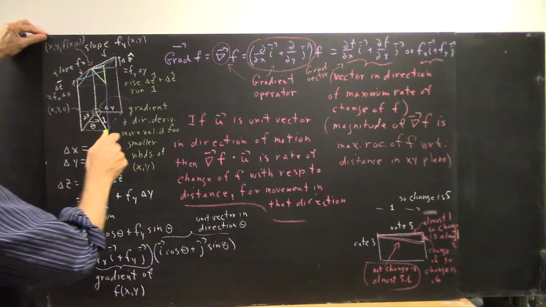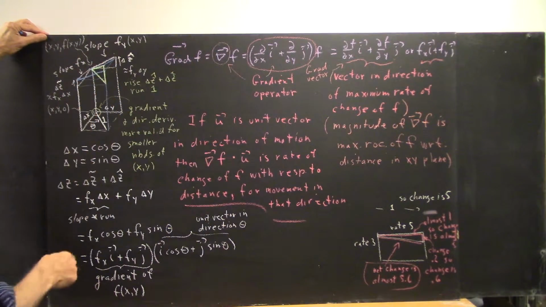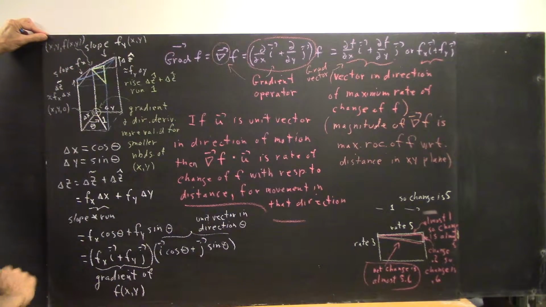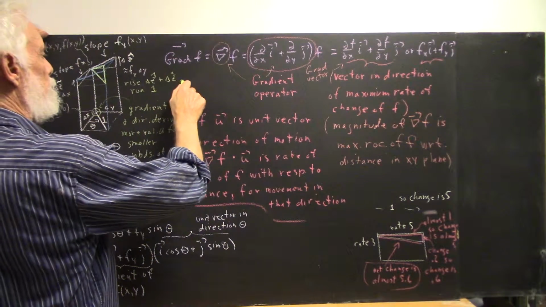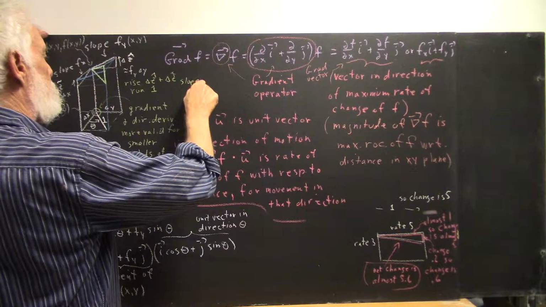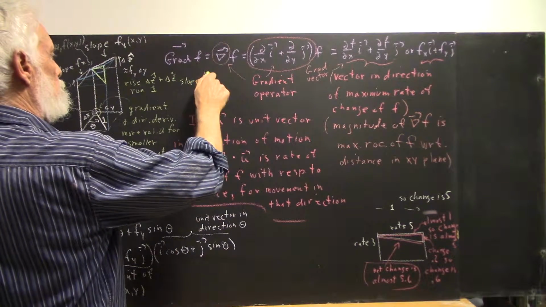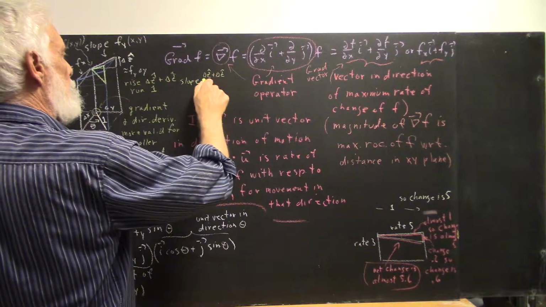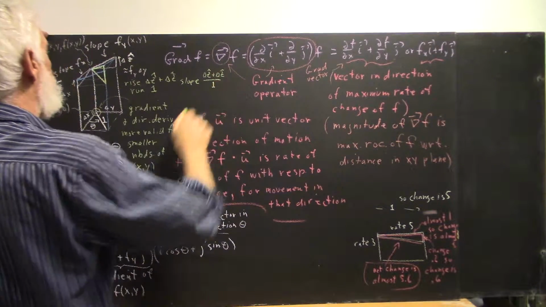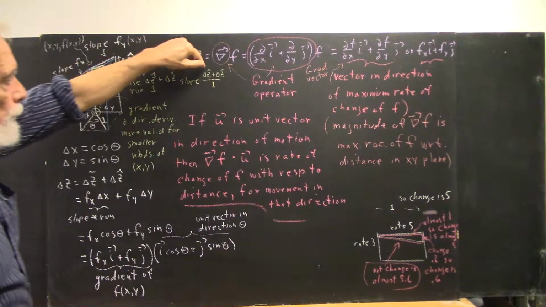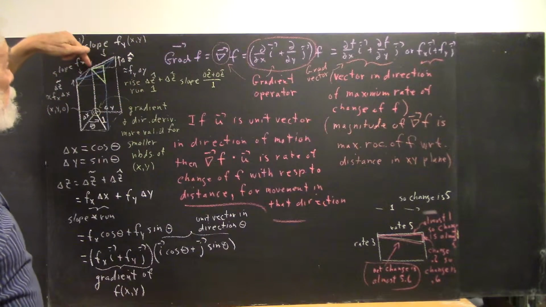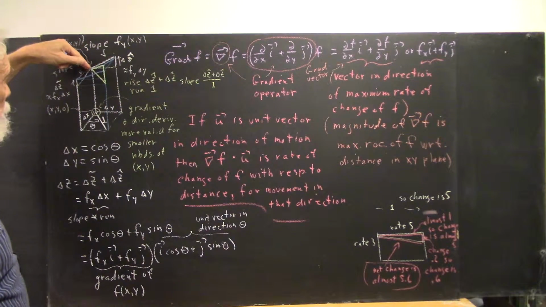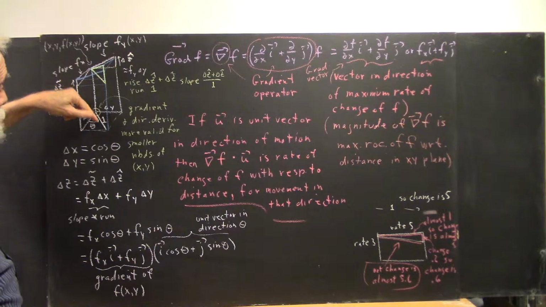So the slope up here where I don't really have room, the slope of this triangle is delta z hat plus delta z tilde, the change in z, divided by the run, which is the same as this distance here.